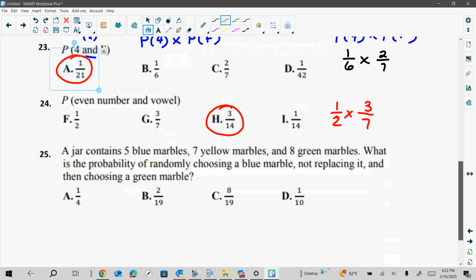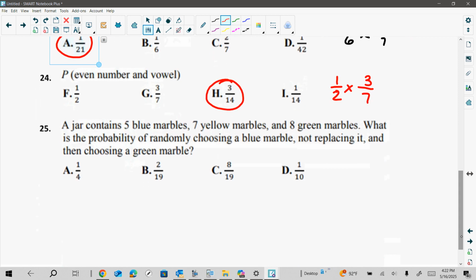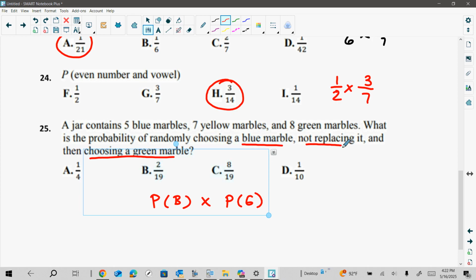Then it says a jar contains 5 blue marbles, 7 yellow, and 8 green. You want to know the probability of randomly choosing a blue, not replacing it. This is going to affect our total. And then choosing a green. So we're doing probability of blue, then the probability of green. Not replacing basically means once I take it out, I'm not putting it back in. That's why the total is going to change. The total marbles that we have is 20. So probability of blue is 5 out of 20.